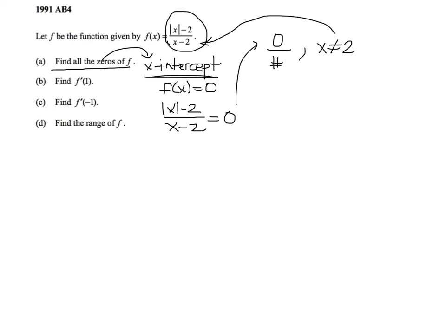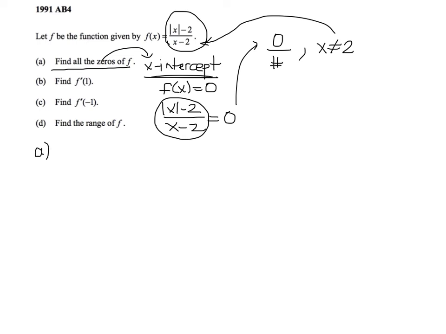The only way we're going to make this fraction equal 0 is if just the top equals 0. So you want 0 divided by something other than 0, like 3 or 4 or 5 or negative 5 or negative 10. So for part A, all I've got to do is consider where the top equals 0.